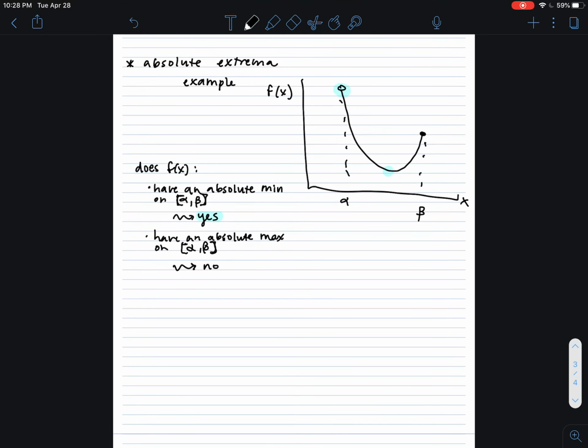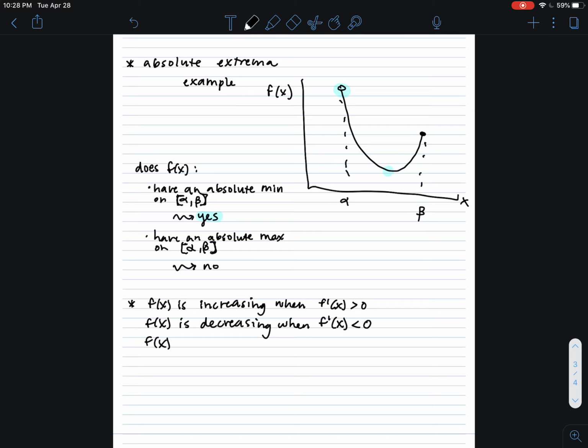Two more things. I want you guys to remember that f of x is increasing when f prime of x is greater than 0. F of x is decreasing when f prime of x is less than 0.